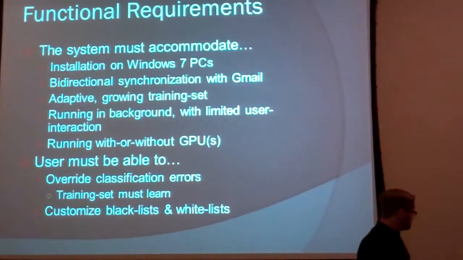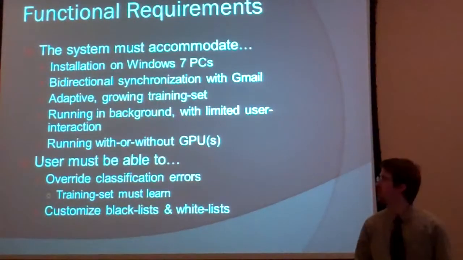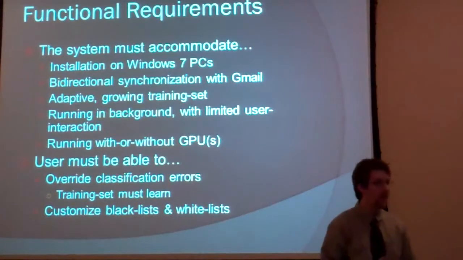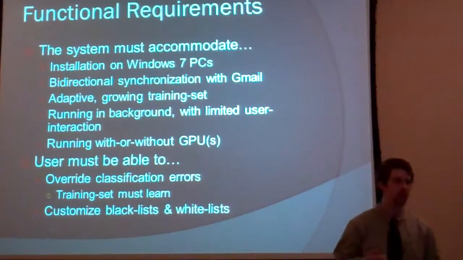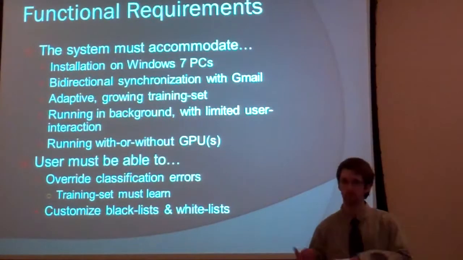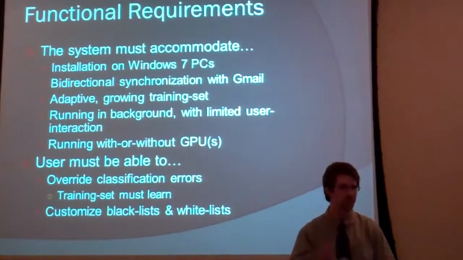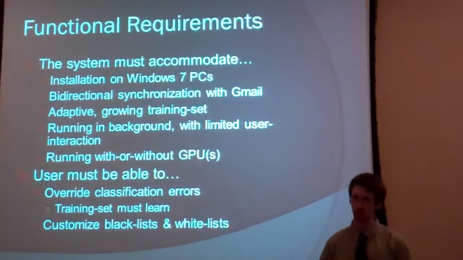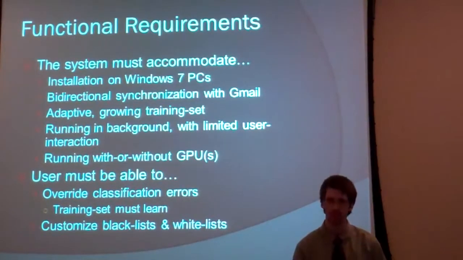The functional requirements that we gathered at the start of the quarter are that the system must be able to install on Windows 7 PCs. It has to allow for bidirectional synchronization between the client and the server, so that if the user modifies something on the Gmail server, it's reflected within our client and vice versa. The training set that we use for the spam classification has to be able to grow as more emails are added to the database.